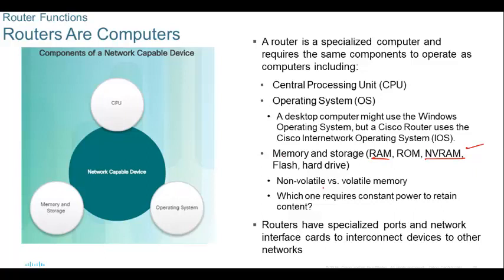So all the configurations that you make on the router get stored in this place called NVRAM, so that when you turn the router on the next day, you will see all those configurations. You need not do the same configuration repeatedly every day. Once you do, save it to NVRAM.